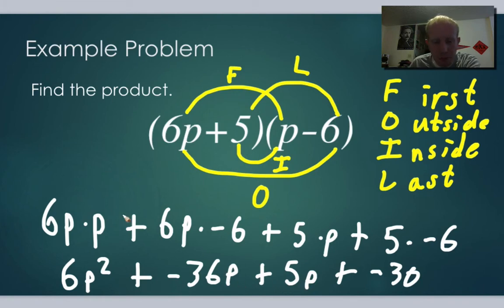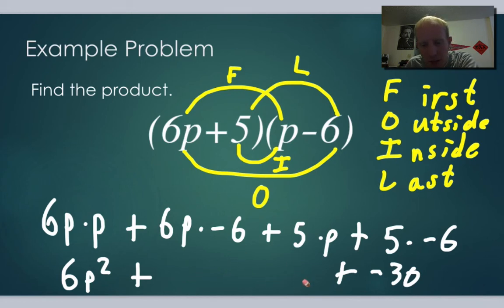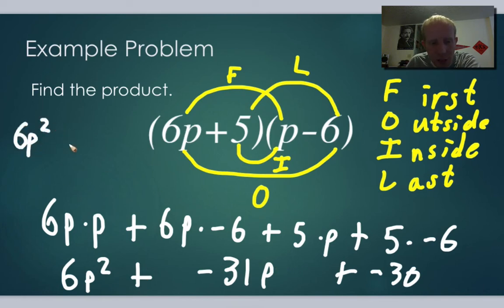Negative 36p plus 5p gives us negative 31p. So if we write this out fully simplified, we get 6p squared minus 31p minus 30. Okay, and there's our answer.